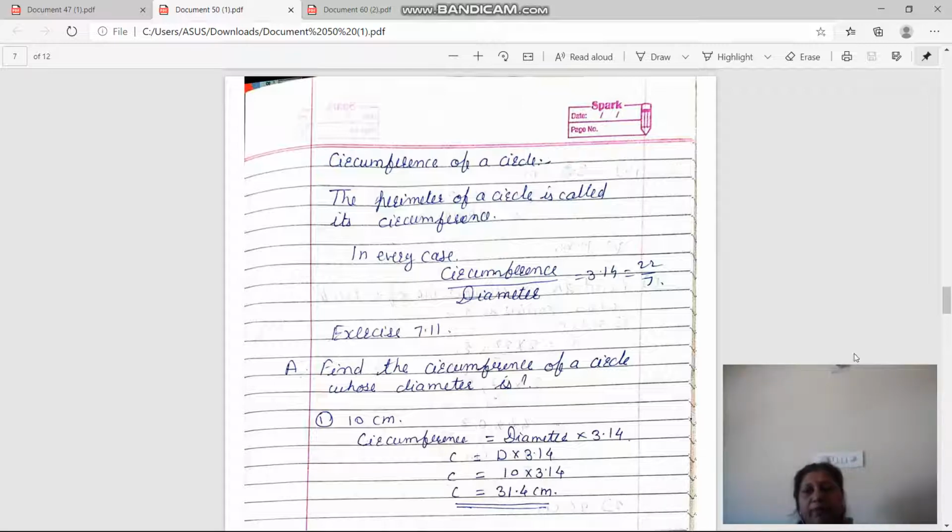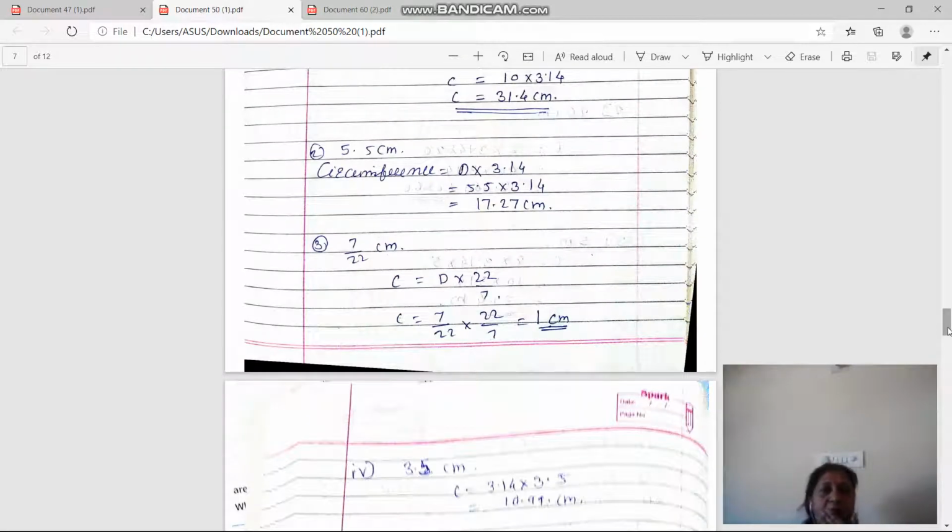Okay. Next. Now D is 5.5. Okay, so circumference is equal to D multiplied by 3.14. So 5.5 multiplied by 3.14, we get 17.27 centimeter. Okay. Now next, third, 7 upon 22 centimeter.